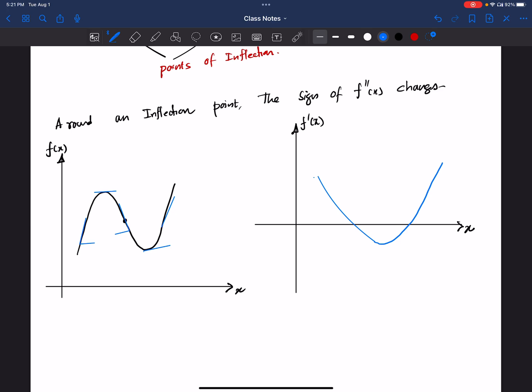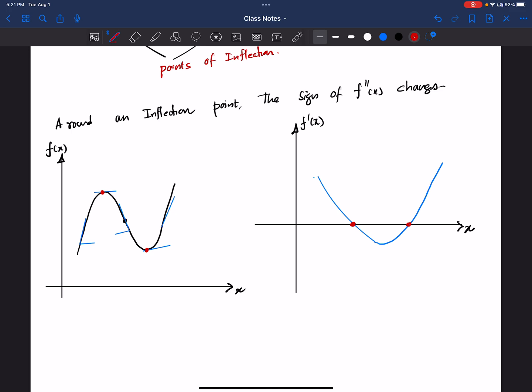So at this point you have a 0, that is this point right here. Let me draw it. And up at this point right here, you have another 0. These are the points that correspond to f prime of x equal to 0.